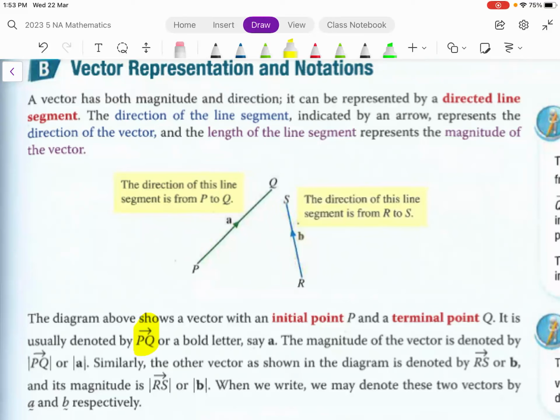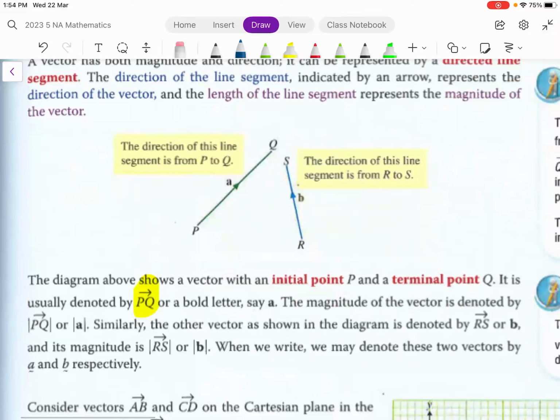And then what about you when you have to write it? Then how do you bold it? You color? No lah. Then I have so many things for you to write. You cannot be coloring everything, right? So we have a way for you to do it. You do it this way. a, and then you draw this curly thing at the bottom. Okay, this is our representation when we do it on our paper, vector a.